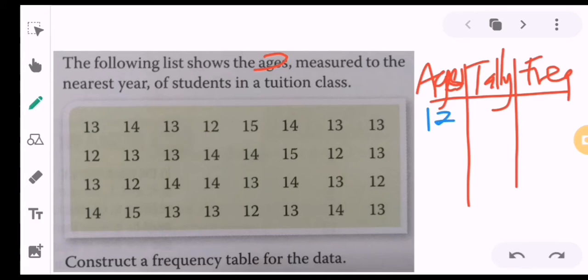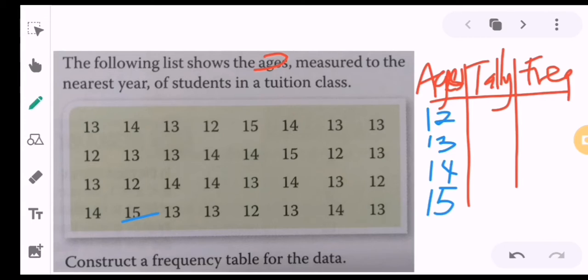Is a 13. So we write 13. You don't just write, you check if we have 13s among the data. Okay, now we're done with 13s. Check if we have 14s. Yes, we have 14s in there. So we can write down our 14. Then finally, what? 15s are also there. So we write our 15 like that.